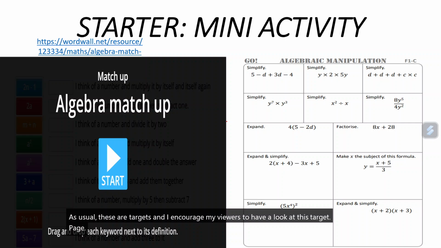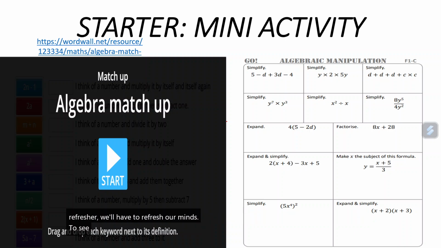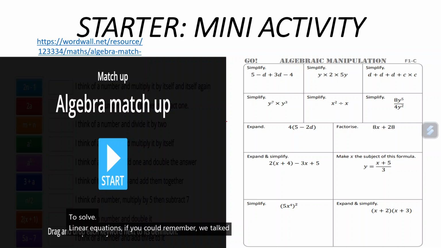Now, as mentioned earlier, we'll be looking at how to set up and solve linear equations. As a refresher, if you remember, we talked about algebra.